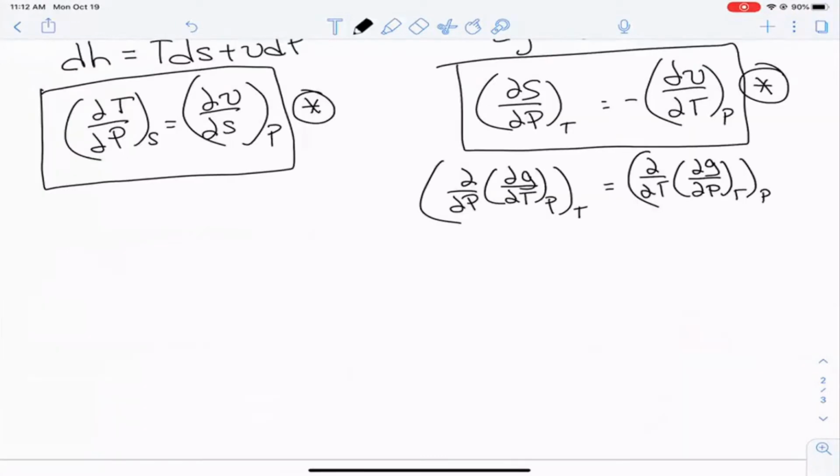Now that we have the four Maxwell relations that we derived from the differentials, let's demonstrate how you can actually use them to learn about some of the systems that we've talked about in our class so far.